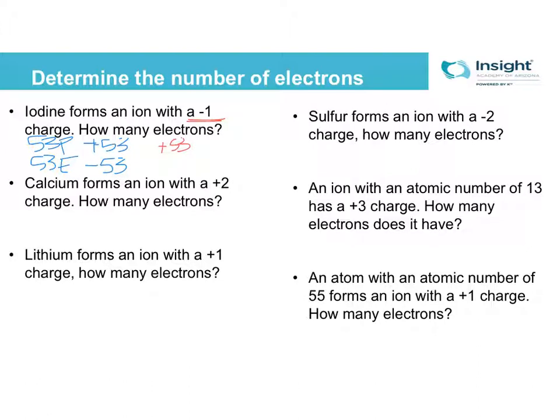All right, because 53 minus 52 is +1, but 53 minus 54 is -1. So there are 54 electrons. All right, and then e to the negative sign is a way of writing out electrons.